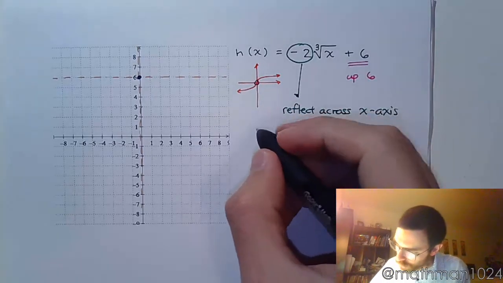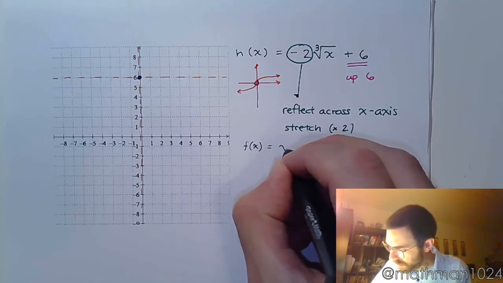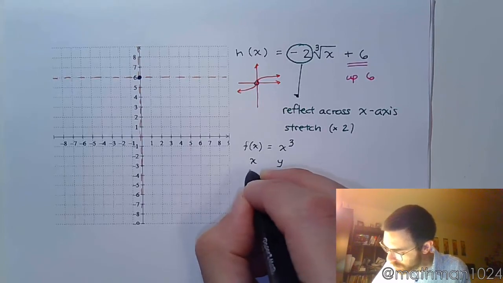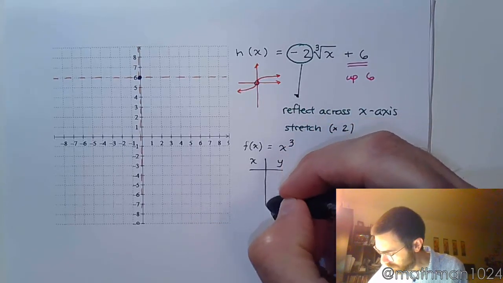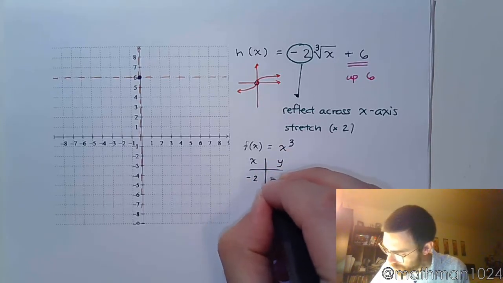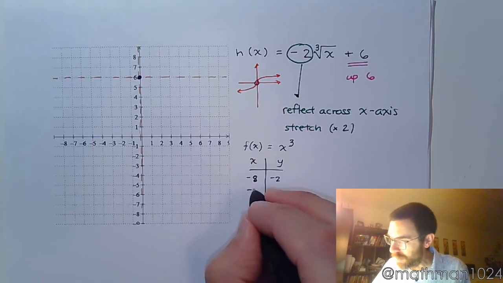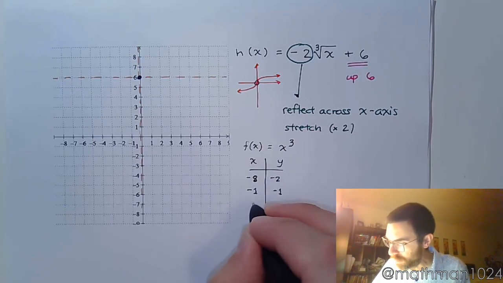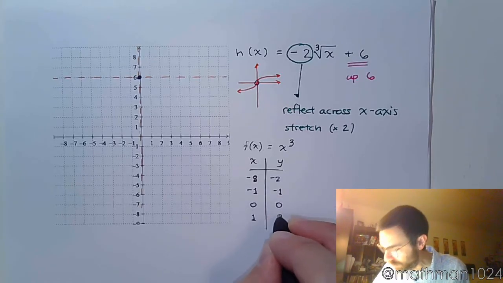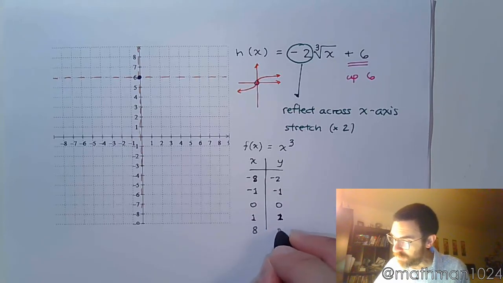Now, in order for us to work with the cube root function, we need to remember those key points. Normally for f of x is equal to x to the third, here are the key points. You plug in -2, you get -8; plug in -1, you get -1; 0 gives you 0, 1 gives you 1, and 2 gives you 8.